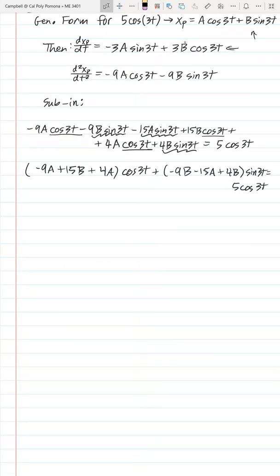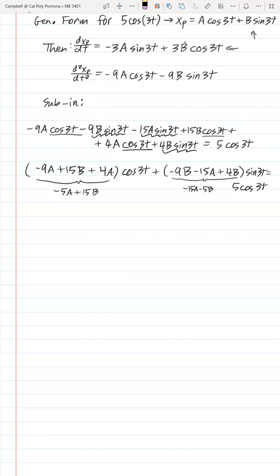So when we combine these together, this becomes a negative 5a plus 15b. When we combine these together, that's going to become a negative 15a minus 5b.